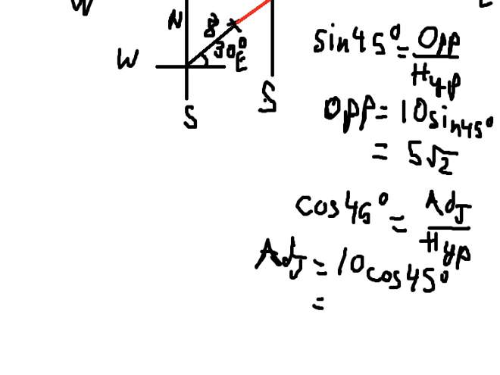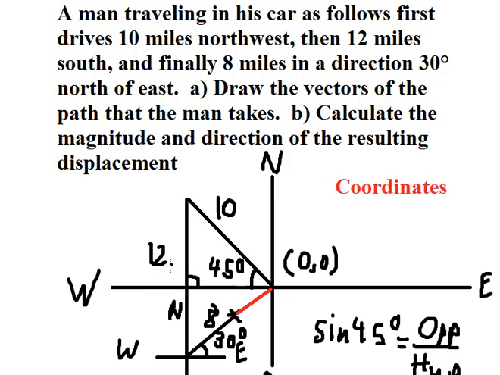This one, we have 5 square root of 2. So that means we go to negative 5 square root of 2. This one is 5 square root of 2. So this point here is negative 5 square root of 2, positive 5 square root of 2.